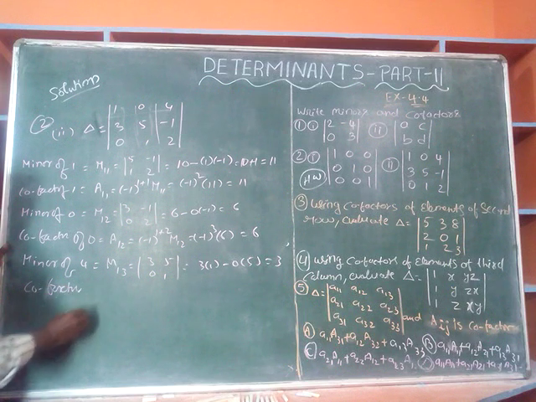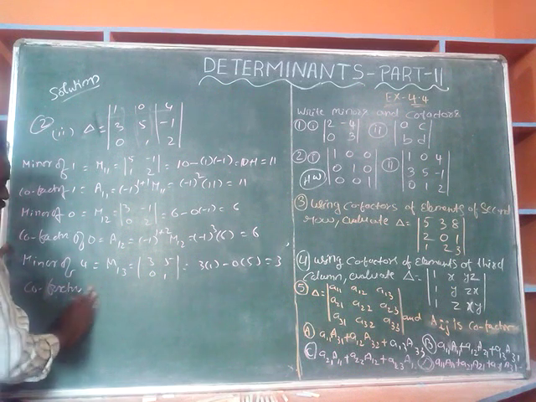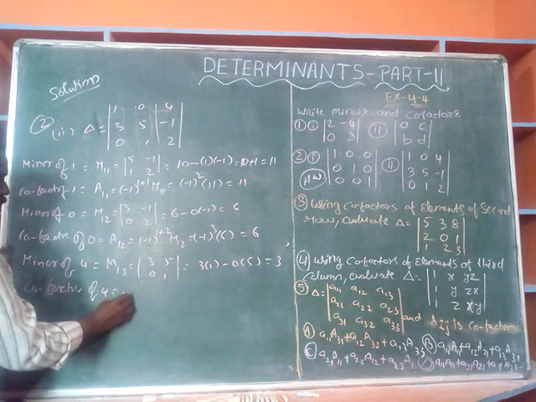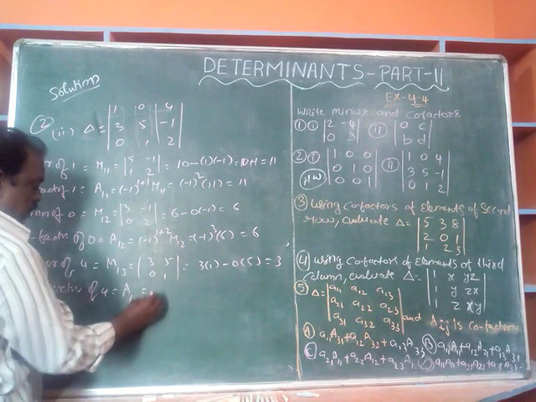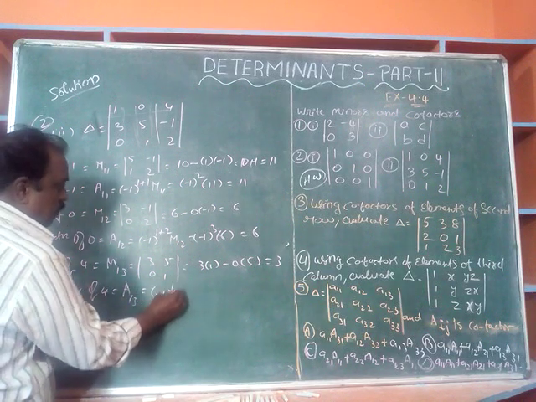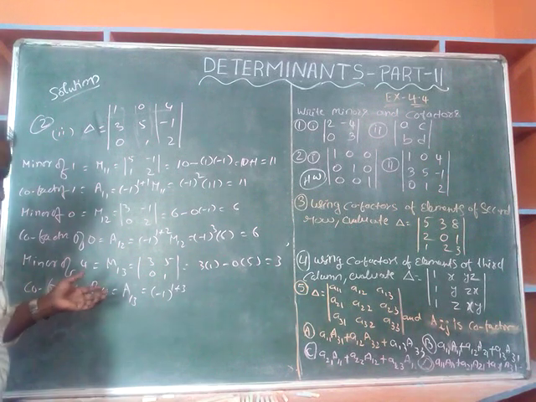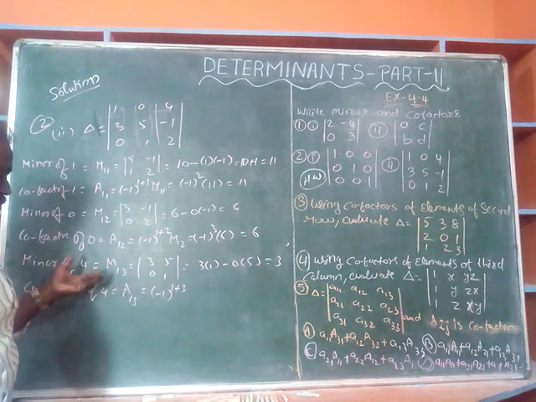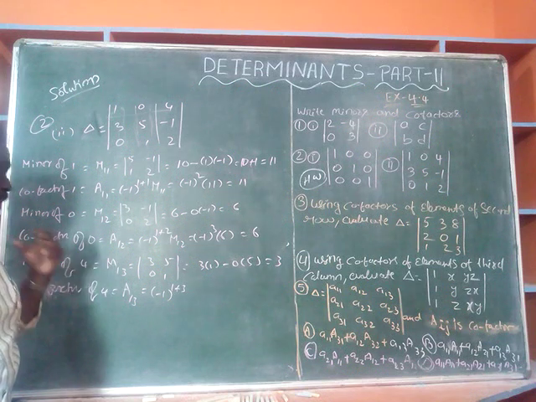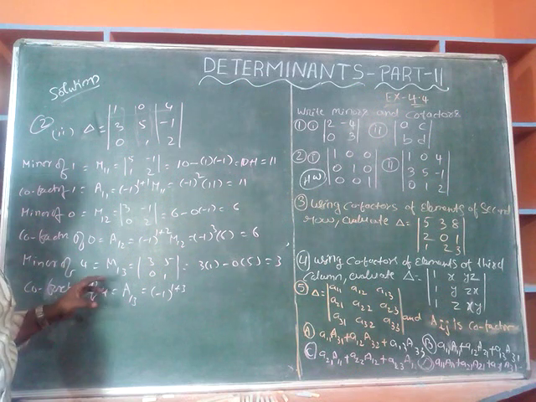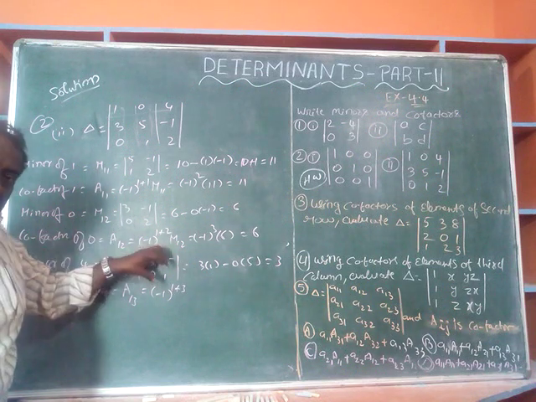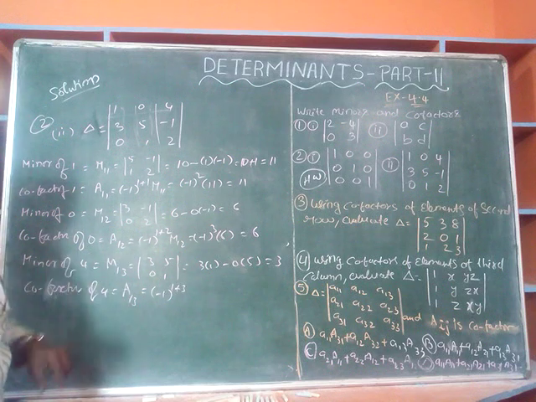Cofactor of 4 is A13. That is (-1) power 1 plus 3. You have to find the difference between minor and cofactor. Minor is a number, a determinant of 2 by 2.